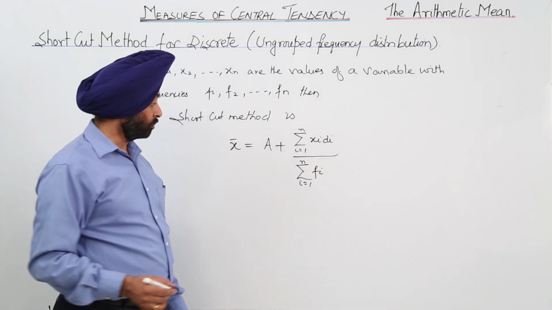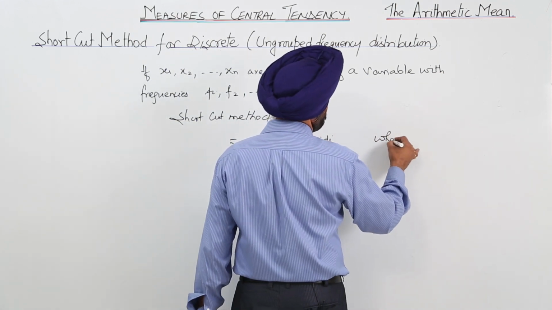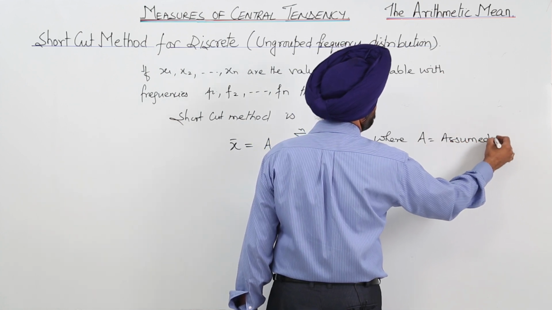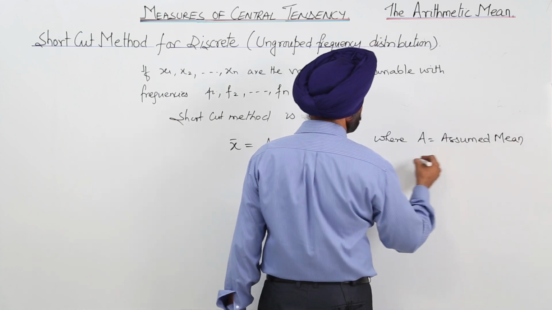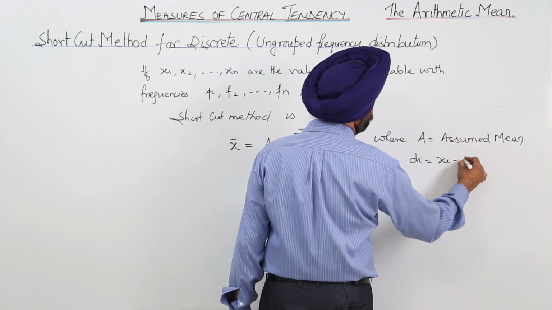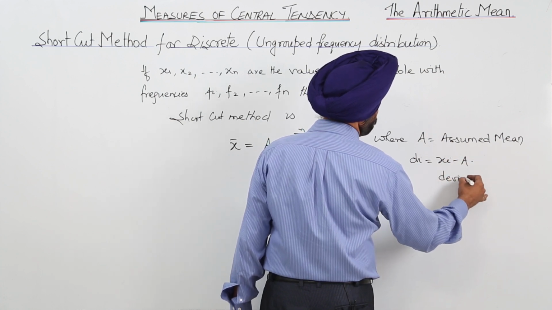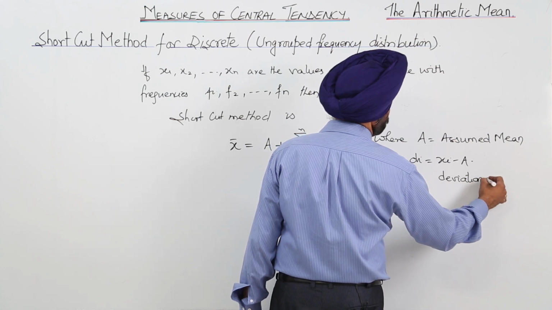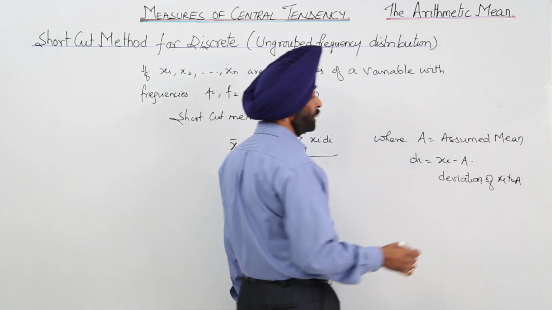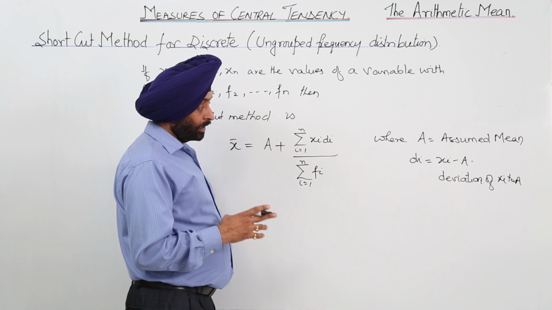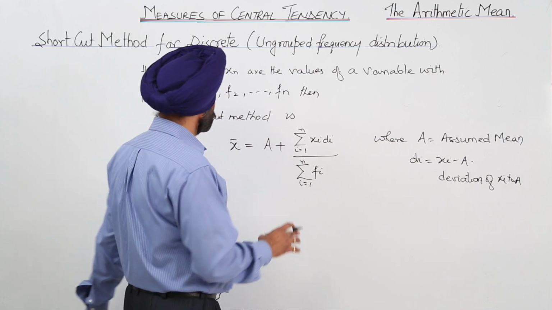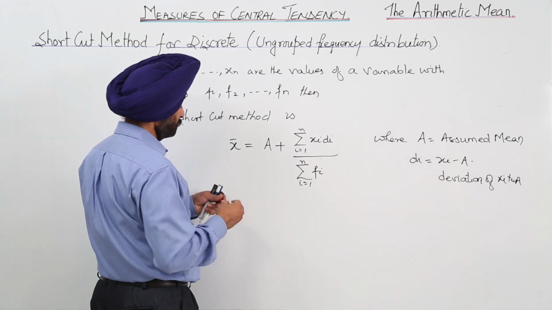Okay, so this is the formula where A is assumed mean, di, normally we use the word di, is the deviation, deviation of xi from A. So we have A as the assumed mean, di equals xi minus A, and summation of fi. Okay, so we are using the shortcut method. This is the shortcut method.